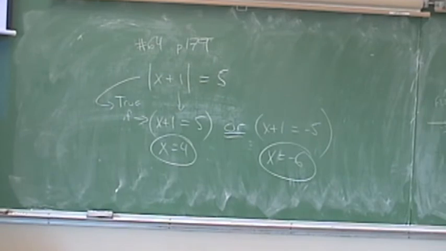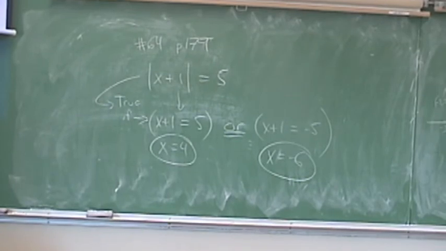Now one more thing, and we'll be done with chapter 1. Number 105 on page 105. Let's see here. I want to do one where, let's see if I can choose one here.